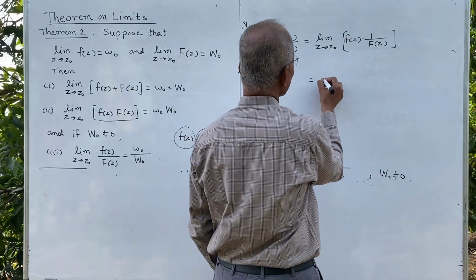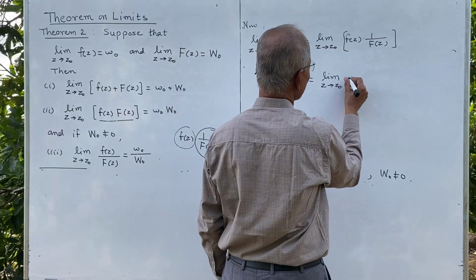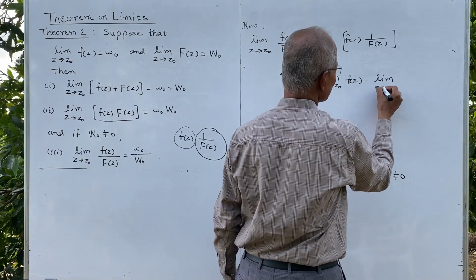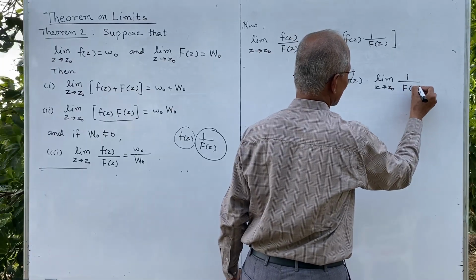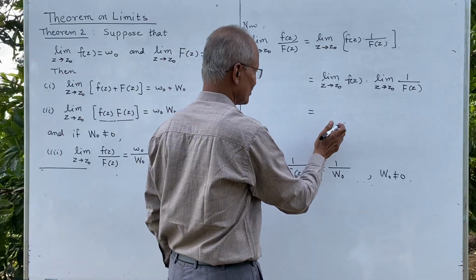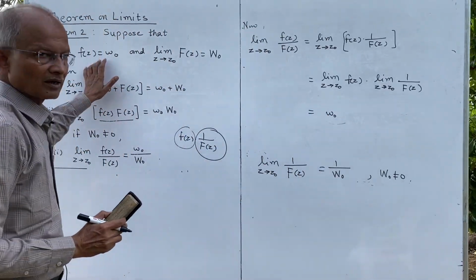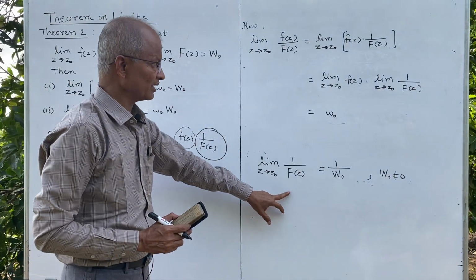equal to limit z tends to z naught of small f of z into limit z tends to z naught of 1 upon capital F of z, and what is this? This is small w naught, as here it is given, and what about this limit? We have obtained here.